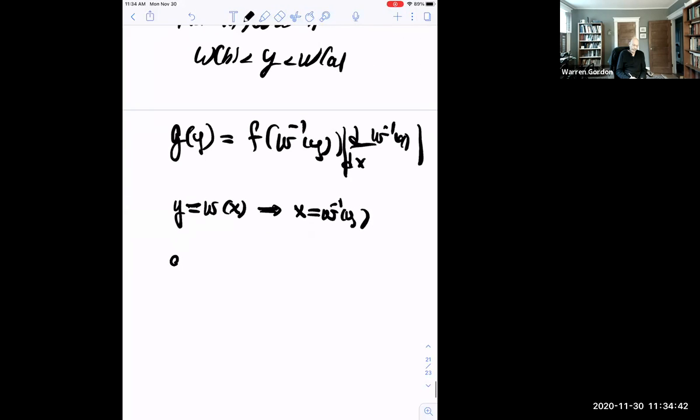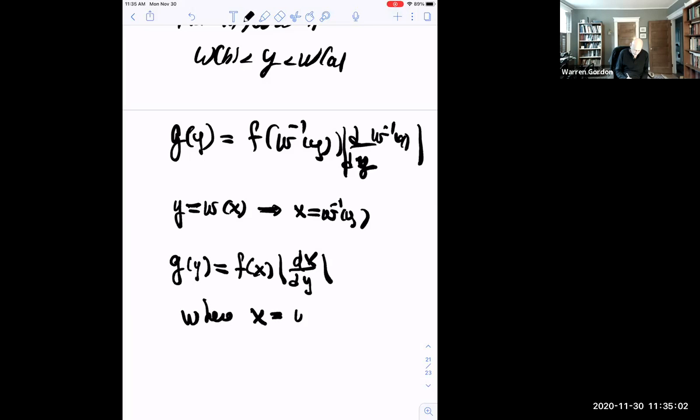So the result really could be written more easily as g of y equals f of x times the absolute value of dx dy, where x is the inverse function.